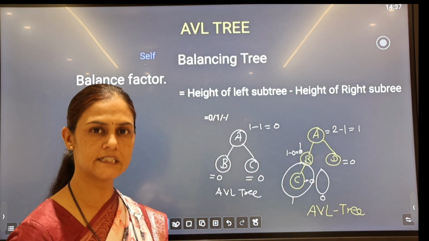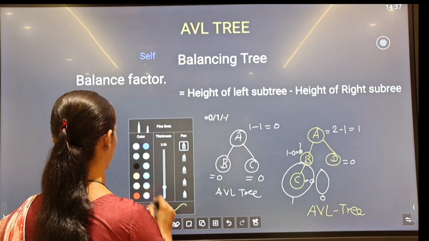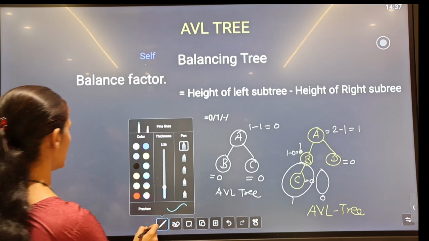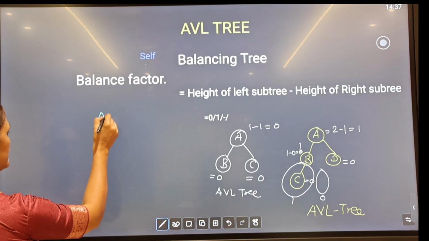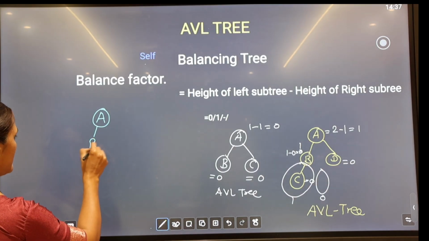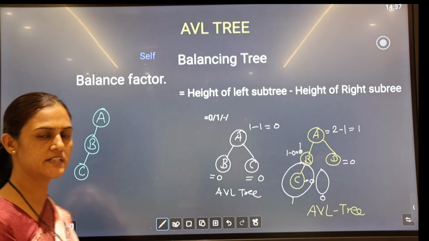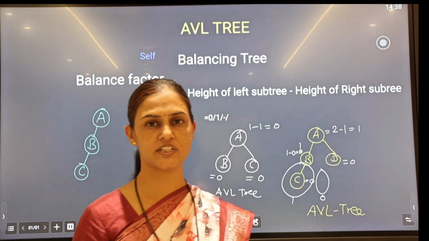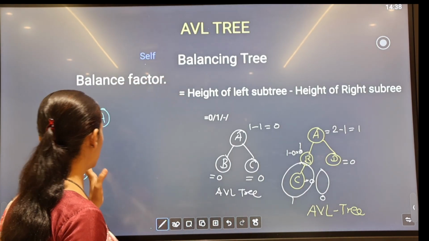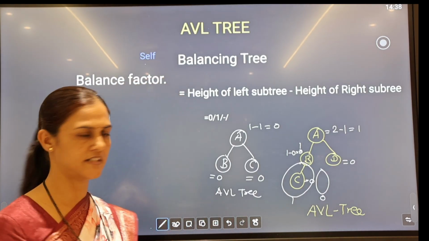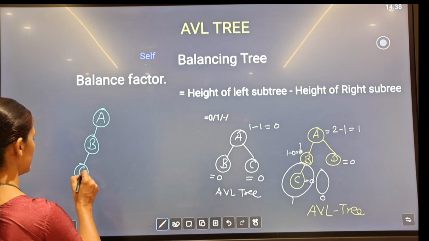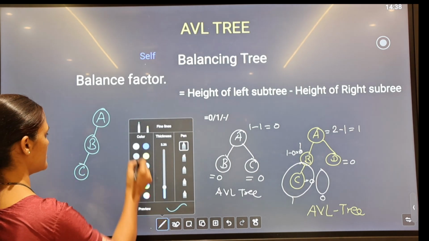Now let's see another example. So consider this is a tree, root node A, left child B, again its left child C. This tree is also called as left skewed tree because each node has only left child. Again calculate the balance factor of each node now.